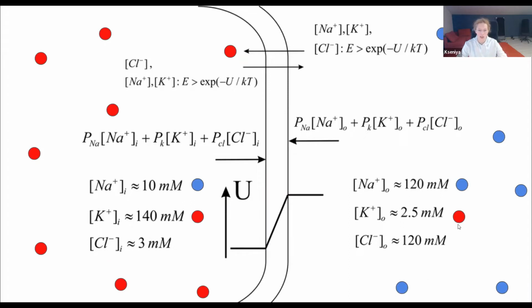We see that there is a lot of potassium inside the cell and a lot of sodium outside the cell. So here you can find the concentration of sodium, potassium. And the inside is separated from the outside by a membrane through which nothing passes.